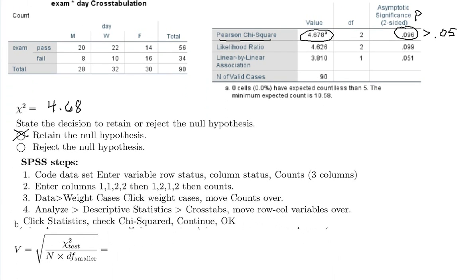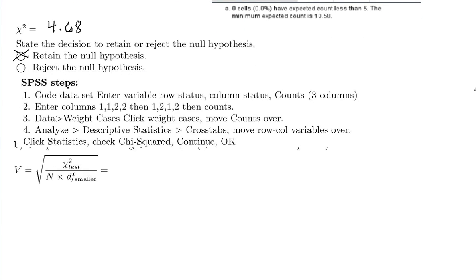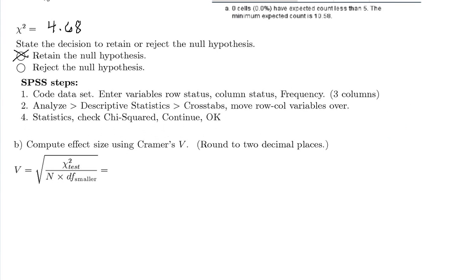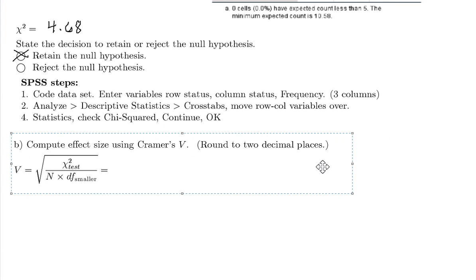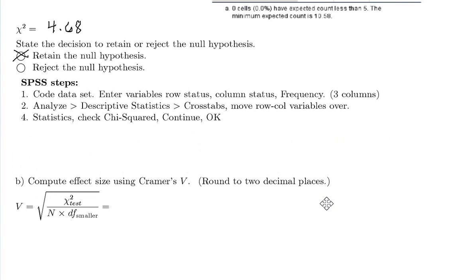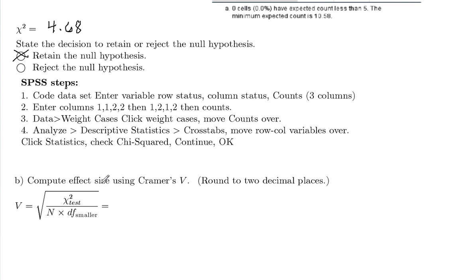In part B, we want to compute the effect size using Cramer's V. Here's the formula for Cramer's V, and that is on the exam 3 formula sheet. We take the chi-squared test statistic, that 4.68, and put that up on top.